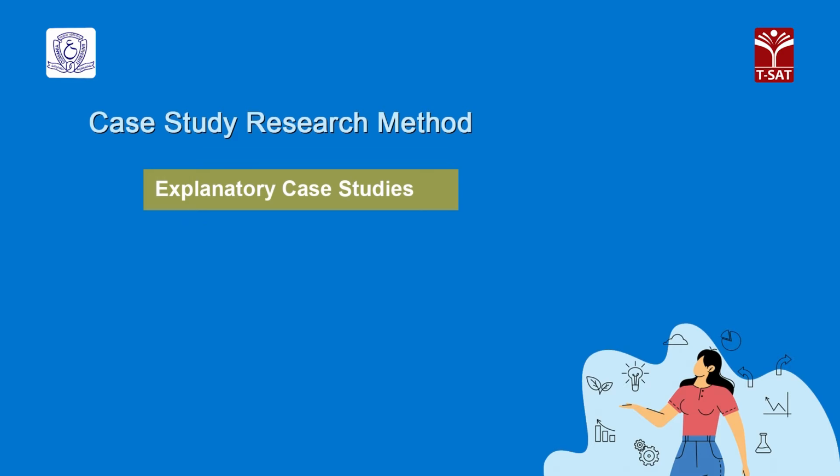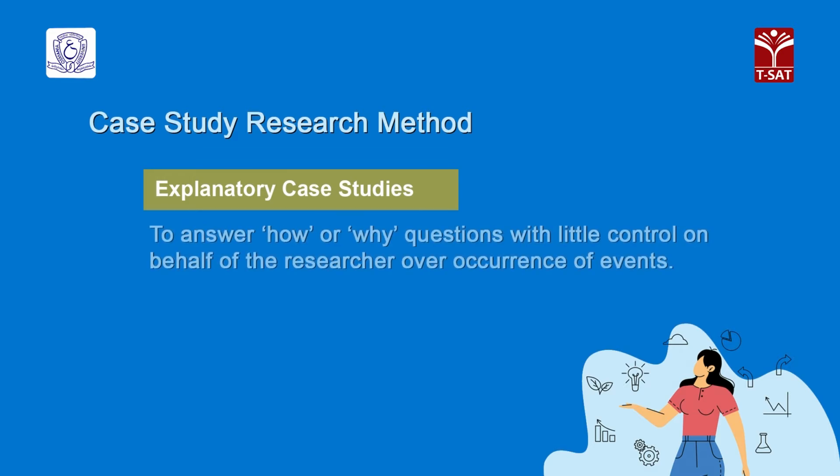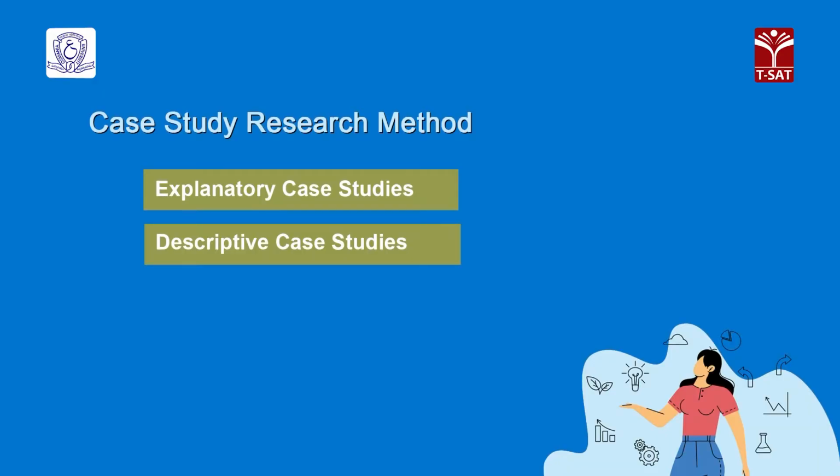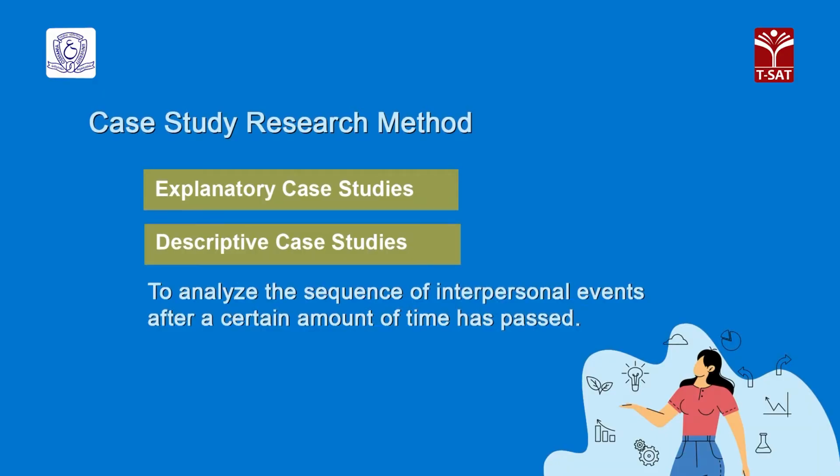In explanatory case studies, it aims to answer how or why questions with little control on behalf of the researcher over occurrence of events. This type of case study focuses on phenomena within the context of real life situations. Second, descriptive case studies aim to analyze the sequence of interpersonal events after a certain amount of time has passed.